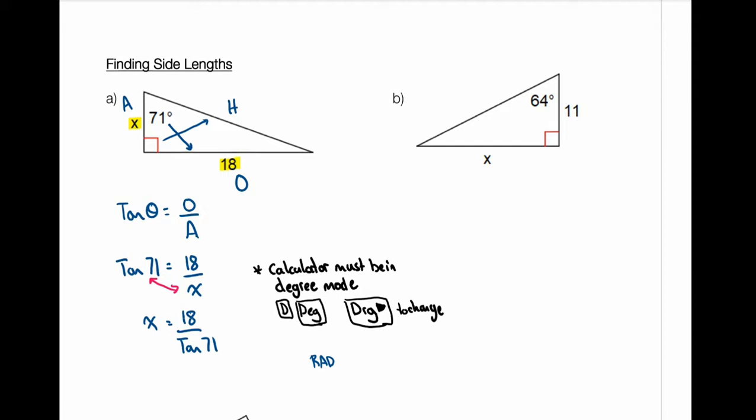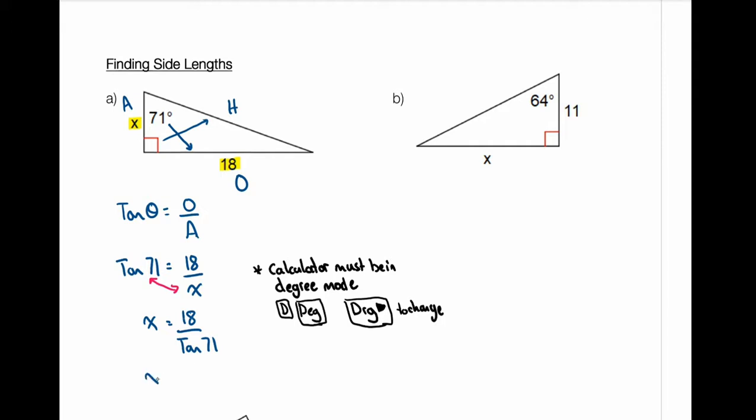If you press the RAD button, you should see that your workspace now says RAD, and this button will have changed to DEG. When you go back and press the DEG button, that RAD disappears. It may sound confusing. If you have questions, please email and let me know, or you can Google it, but you do want it in degree mode, and I do suggest using a regular calculator.